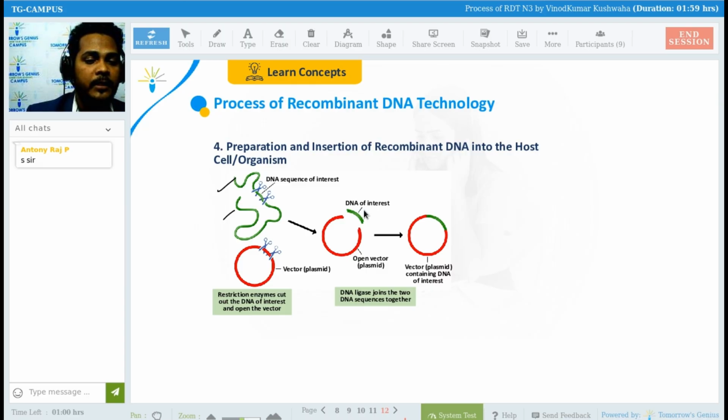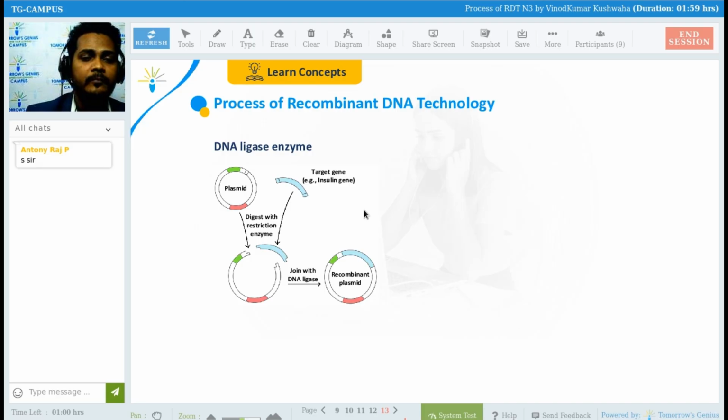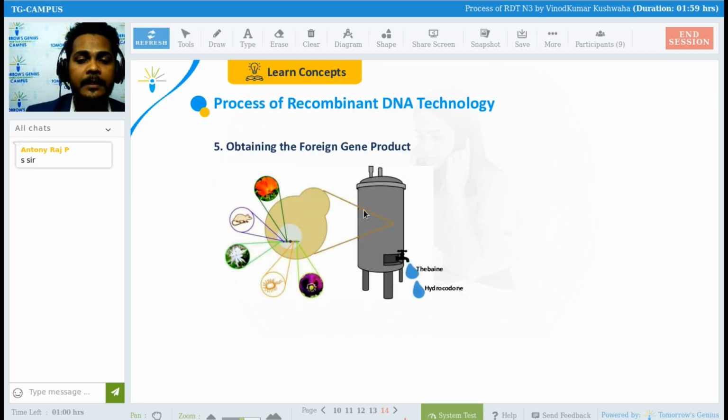So restriction enzymes cut out the DNA of interest and open the vector, and once it is open, now you can insert your desired DNA by using DNA ligase, which joins the two DNA sequences together, and this becomes a recombinant DNA, or we can say the plasmid DNA, which contains your DNA of interest. DNA ligase is basically helping to form the recombinant DNA plasmids.